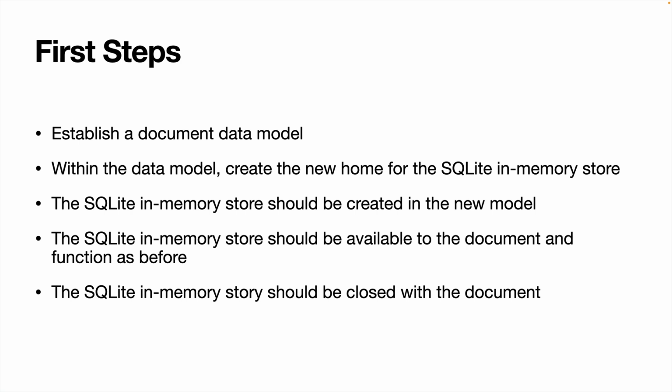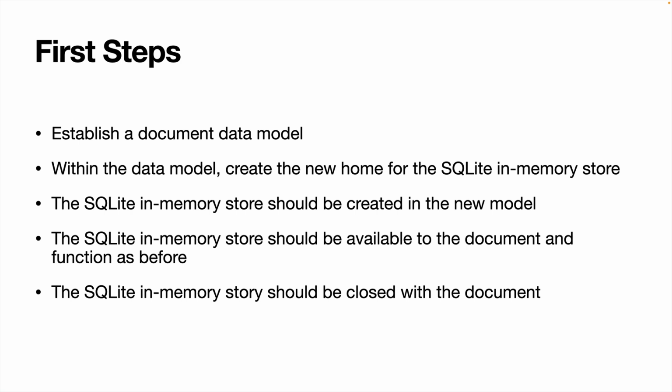And so when we commit the project, it will still be functioning, but now it'll be a slightly different arrangement. And the SQLite memory will have to be closed. Where that closure is going to be, it's probably going to be associated with closing of the document data model, but it's going to have to be closed at some point.